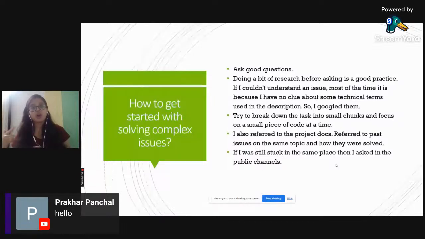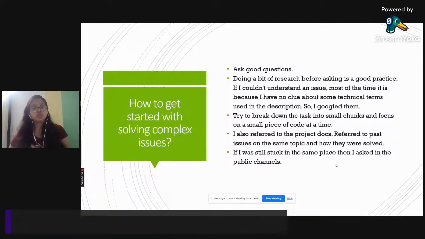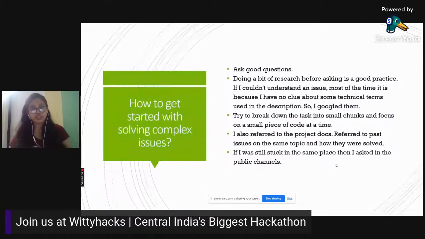So make sure that you ask good questions, give a lot of details, and also do a bit of research before asking a question. If you're getting some errors, try googling it a bit. Try to use Google and some Stack Overflow solutions to fix it. If even after that you cannot, then you can move ahead.